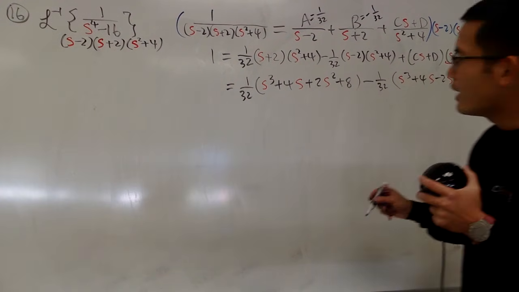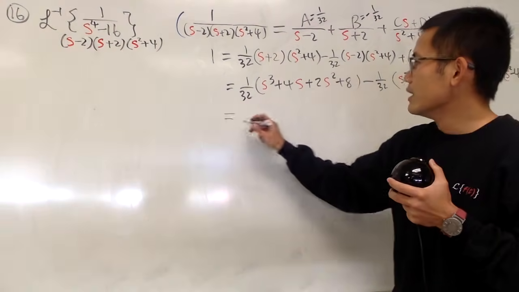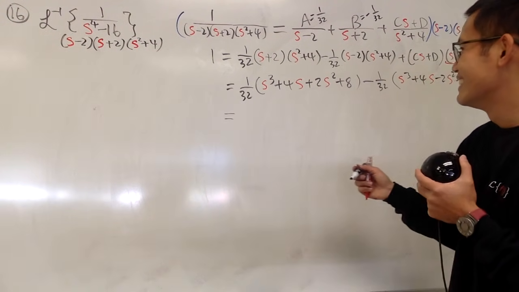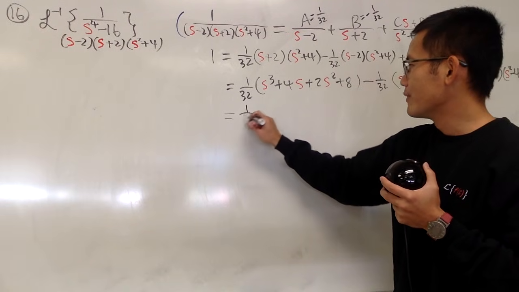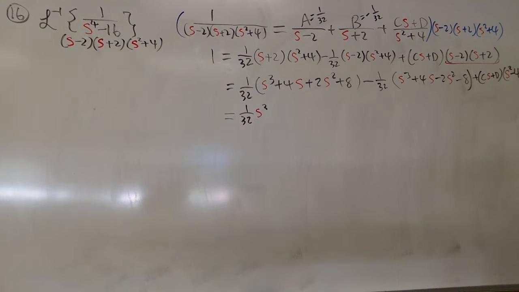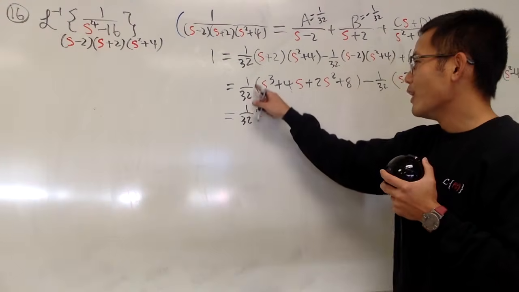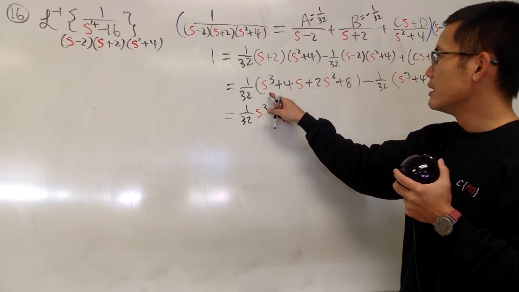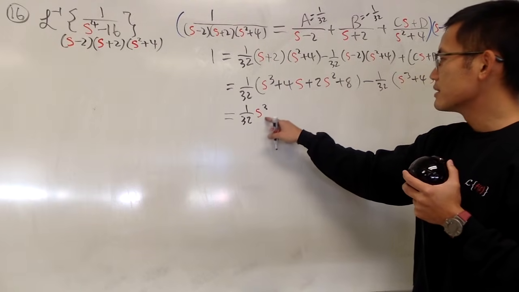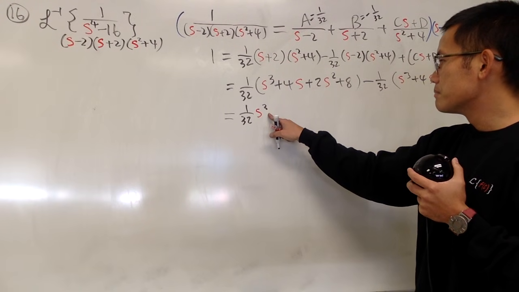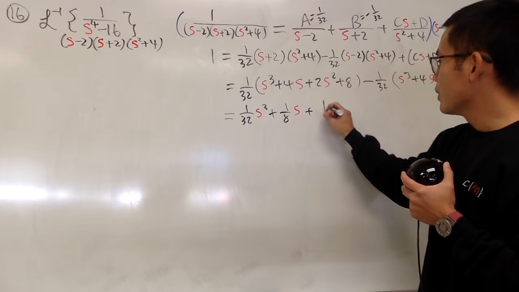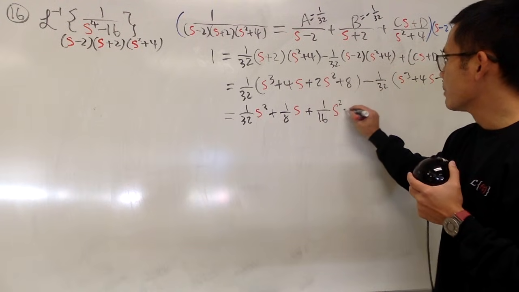All right, now the bizarre part is just multiply this out. Nothing can be reduced. This right here, 1 over 32 s to the third power, and then this times that is plus 1 over 8 s plus 1 over 16 s squared plus 1 over 4.